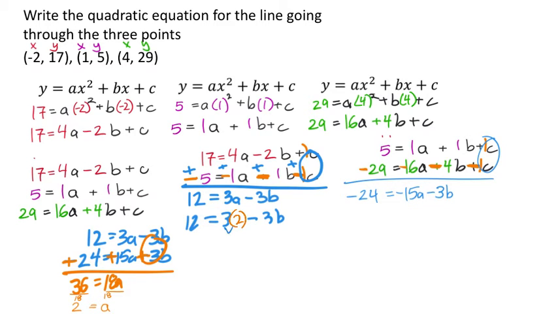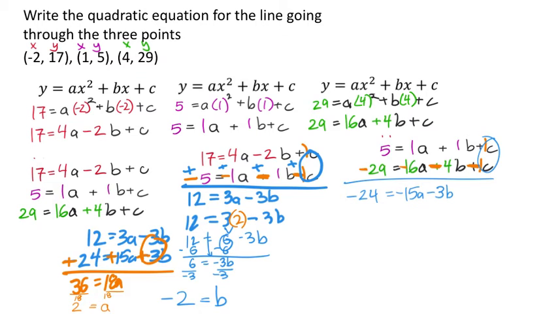So 3 times 2 there is 6, so 12 equals 6 minus 3b. And then I'd use some principles of equality to solve, so minus 6 from both sides. So I get 6 equals negative 3b. Sorry, that's kind of small. But now I can divide both sides by the coefficient of negative 3, and b equals negative 2. Okay, so we got 2 and negative 2.